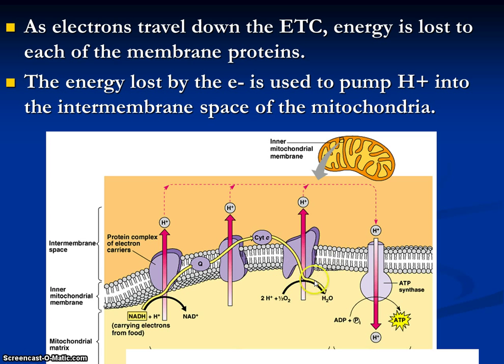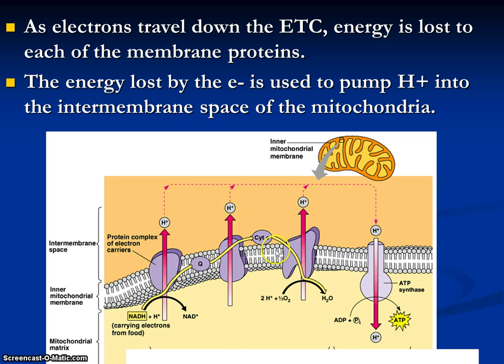Eventually, once you get down to the very end and all the energy has been siphoned off, the remainder is going to be added to oxygen, since there's no more electrons because all the electrons have been siphoned off and all of the energy has been used from them.